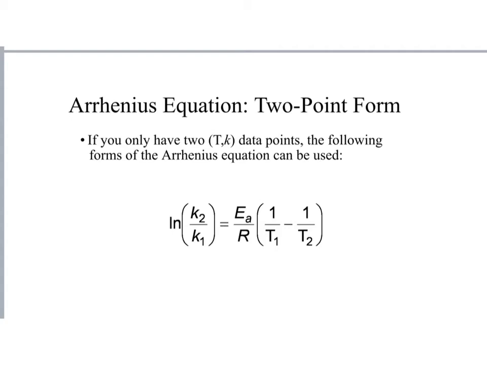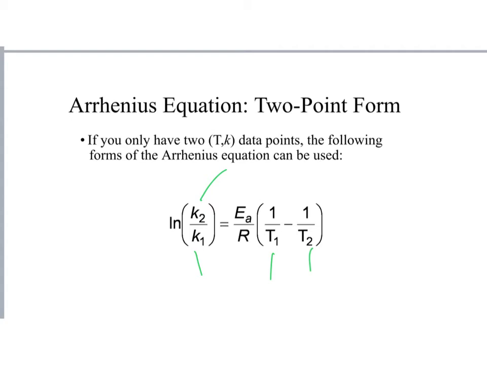But if you only have two data points, so you have the rate constants k2 and k1 and a temperature T1 and a temperature T2, you can rearrange this equation and essentially divide one by the other.